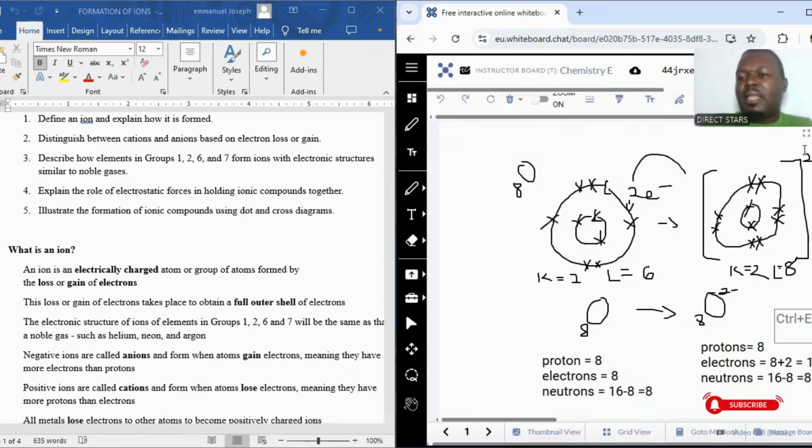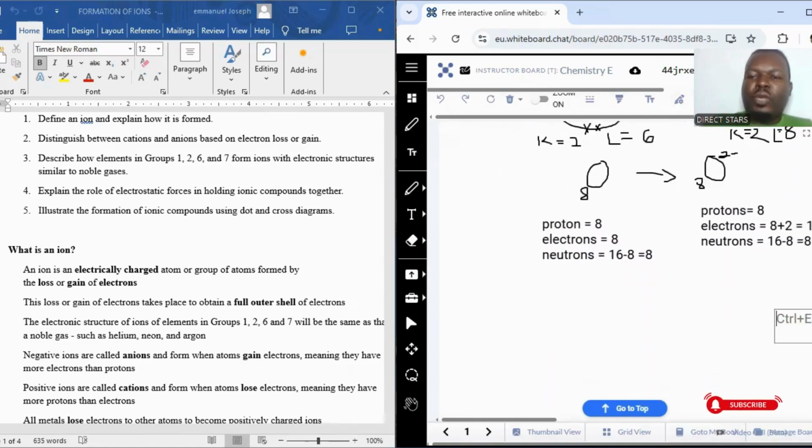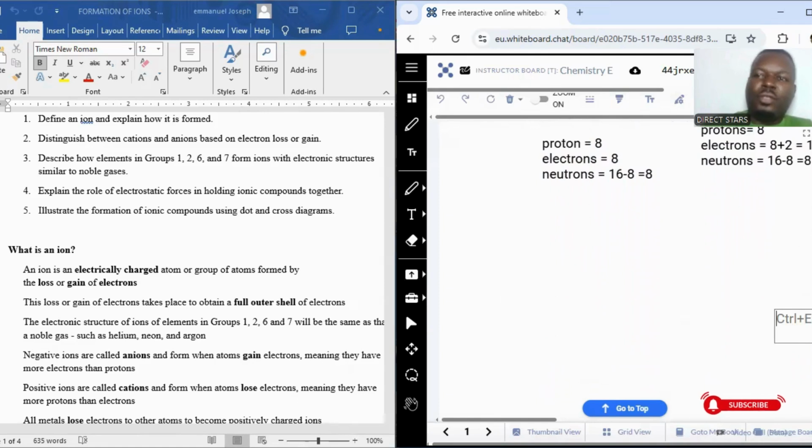Now let's take one example of cations. When cations are formed, what happens to their subatomic particles and what charge do their ions possess? So cations are formed by metals, while the anions, like we treated earlier, are formed by non-metals.